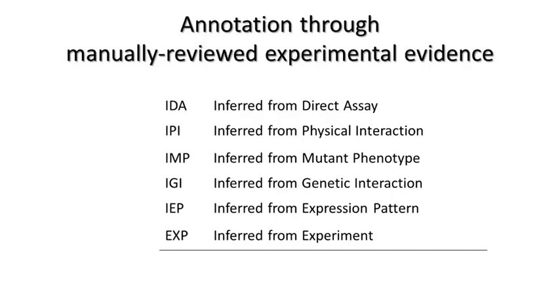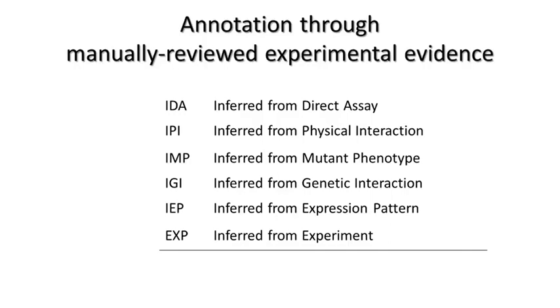There are several types of manual annotations by experimental evidence, including IDA, inferred from direct assays such as enzymatic assays, in vitro reconstitution, immunofluorescence, cell fractionation, and physical interaction binding assay.